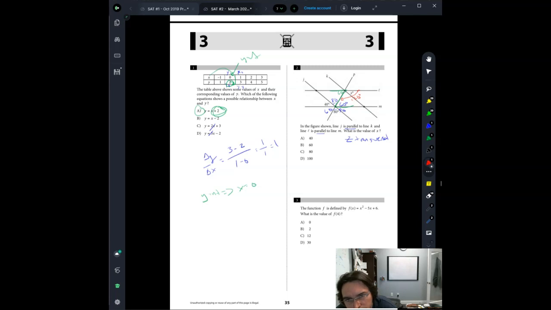So I also know there's a Z that is here as well. If that is 60, then this 60, so that's got to be 40.